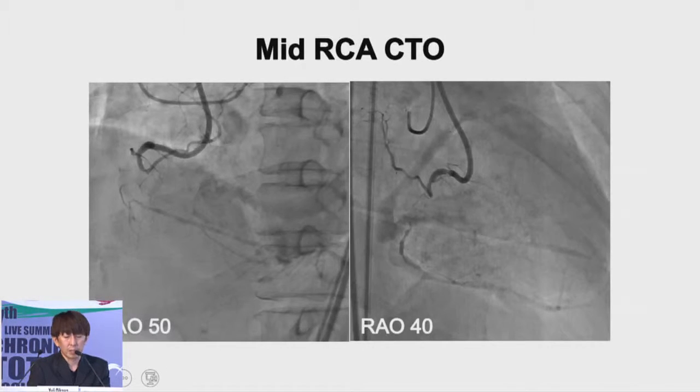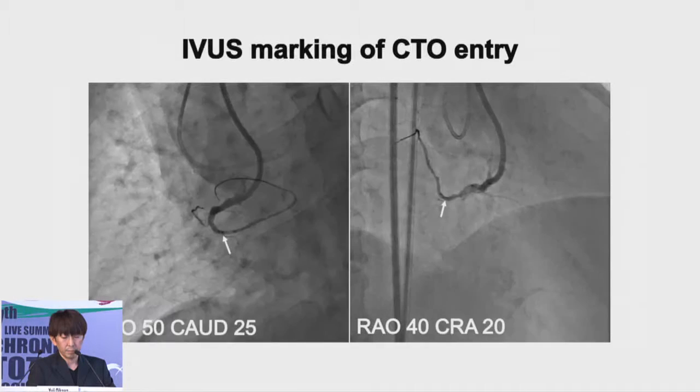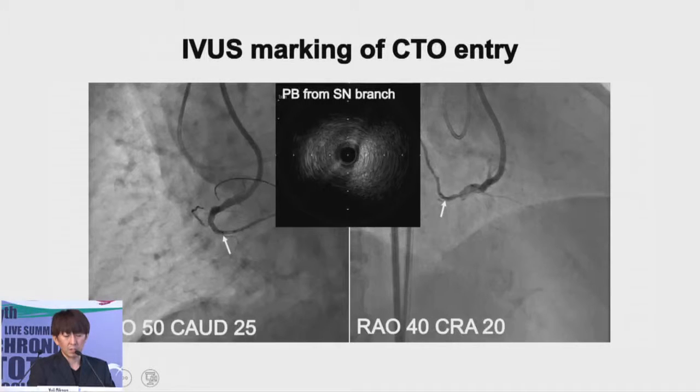This is a mid-RCA CTO case with ambiguous CTO entry. I must pull back from the side branch. So at this point, I must reveal the occluded vessel here.